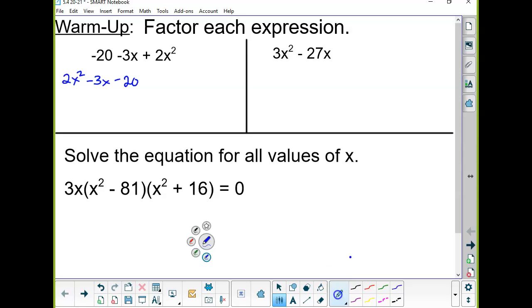And now all of a sudden we're looking right at, what did we do last unit? We did the box with the circle. So I'm going to come over here, plug those numbers in and then multiply the corners.